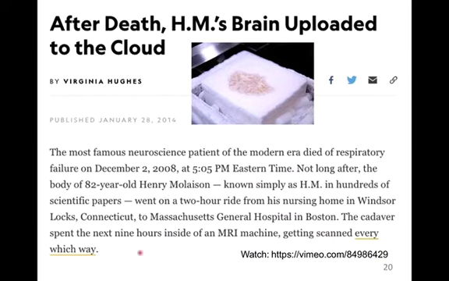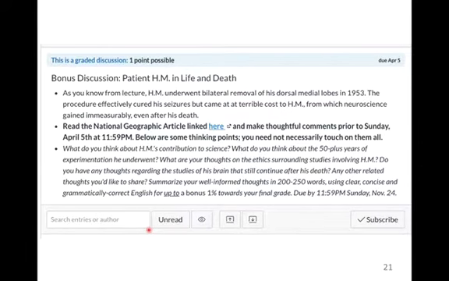And then you can read a little bit about what happened to HM's brain after he died. So this is assigned reading. It will be examinable. And I am going to give you a bonus discussion related to it. So you can watch the video, you can read the article, and then we'll have a discussion on Canvas.